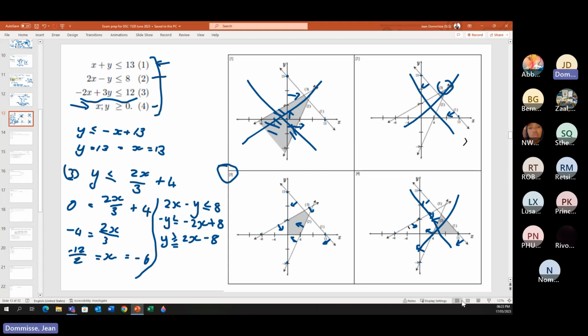Okay, so this one with the inequalities, there's no really easy way to do it, but to go through each inequality and see what the impact of that inequality is on your diagram.